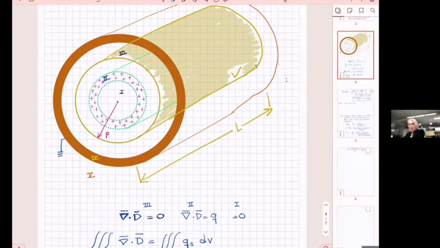What would have happened if the outside conductor was not grounded? There'd be negative charges along the inside. Yes, you would have negative charges along the inside.